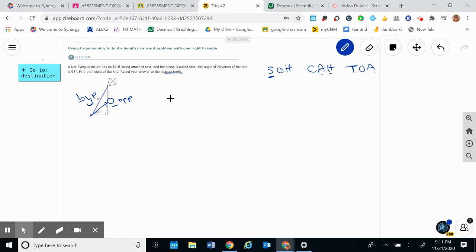So set it up. Formula, right? Sine of, by the way, I could actually make you do formula, substitution, resolution like this. Opposite over hypotenuse. And then rewrite it as sine of 63 is equal to the opposite, which we don't know. I'm going to go ahead and call this x because we love working with x, over 80.